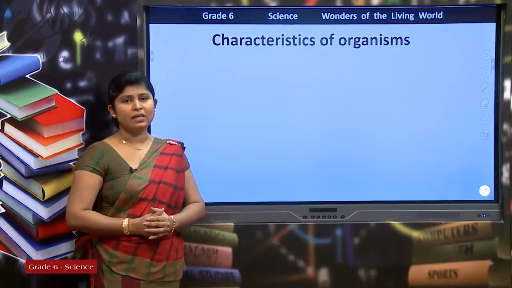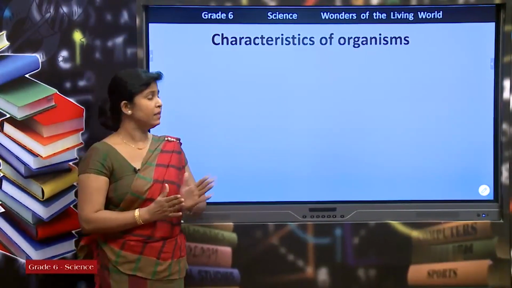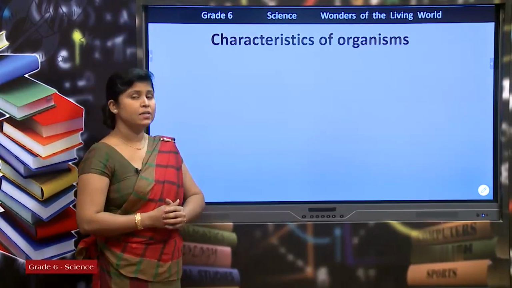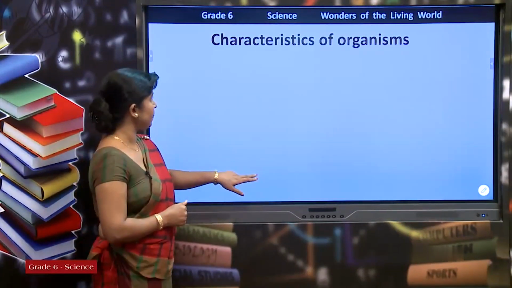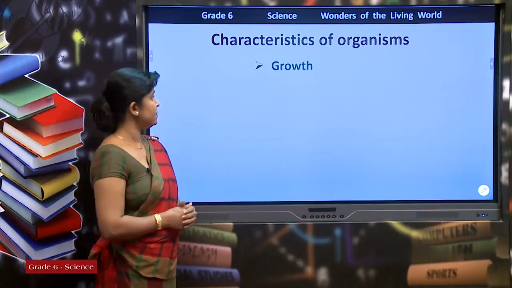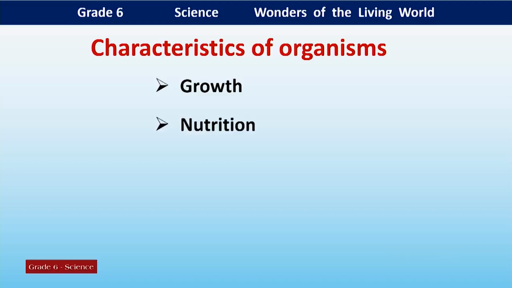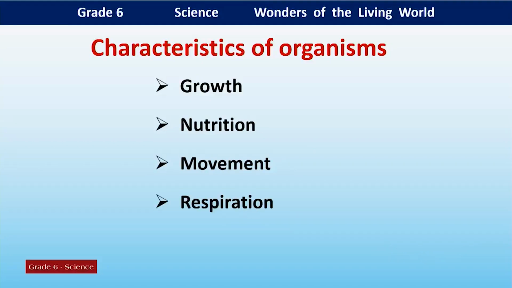Characteristics of organisms. Right now, we have done the first part of the unit. Then the characteristics of organisms. Here are the characteristics shown by the organisms. Number 1, growth, nutrition, movement, respiration, reproduction.